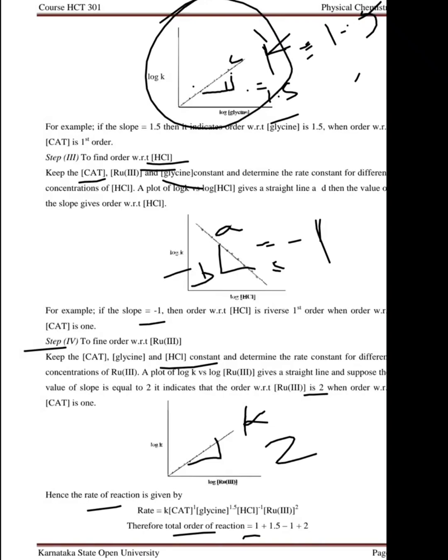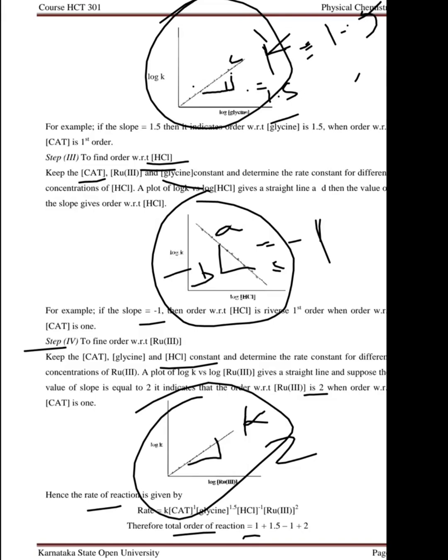And -1 is the order of the reaction of HCl, which is negative, and plus 2 is the order of reaction of ruthenium 3.